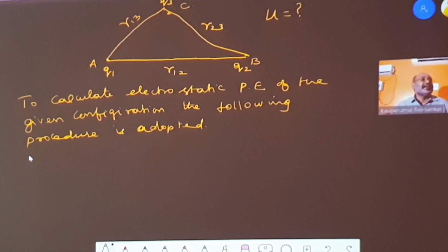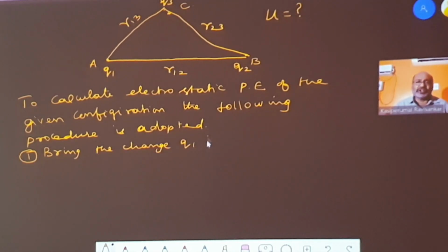So I am writing: bring the charge Q1 from infinity to the point A. In order to bring the charge Q1 from infinity to the point A, we can say no work is needed, or no work is done.